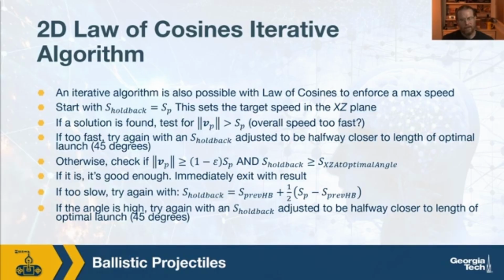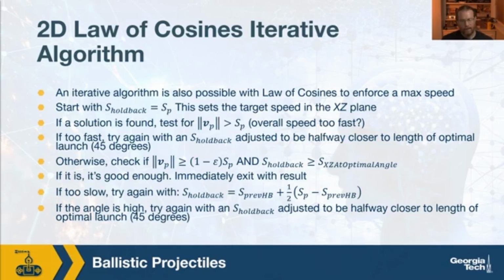This would be assuming that if we were to throw at a 45-degree angle, some of the energy would have to go in the xz direction, and some would have to go in the y direction. So we want the holdback to be halfway closer to that point. Wherever the current holdback is, what would be the optimal launch for our max S, not S holdback, but S max? So take a half step, and then we go back through the loop again and rerun the equation.